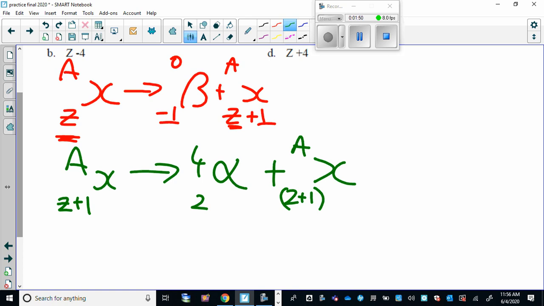Again, you've got to ask yourself, what do I have to do to balance this? What number do I have to add to this side? Over here, I've got a +1. I've got a 2 here and a 1 there. That makes 3.